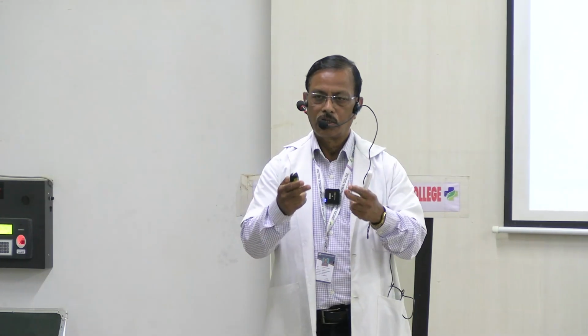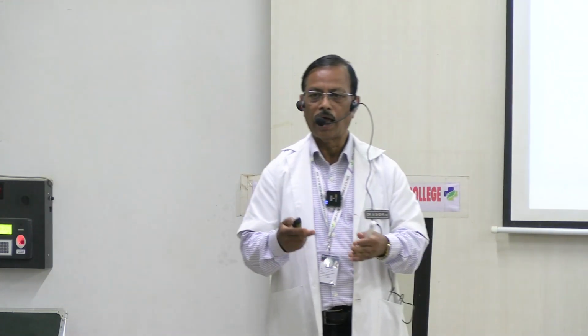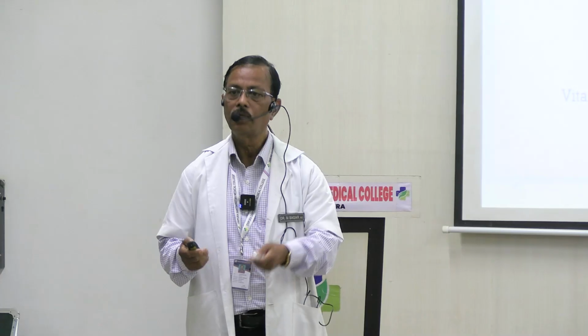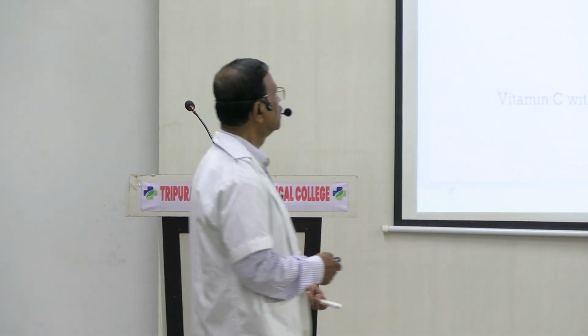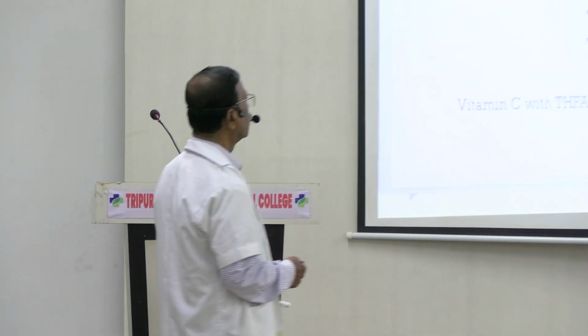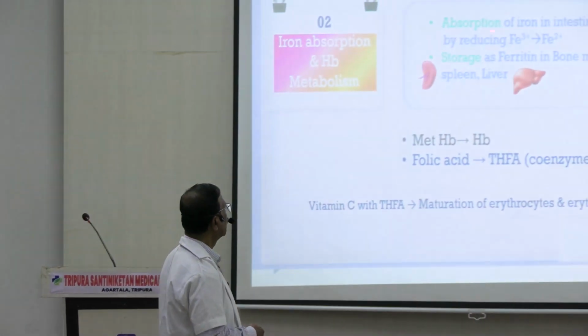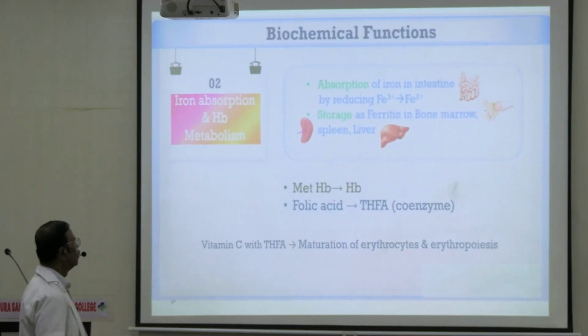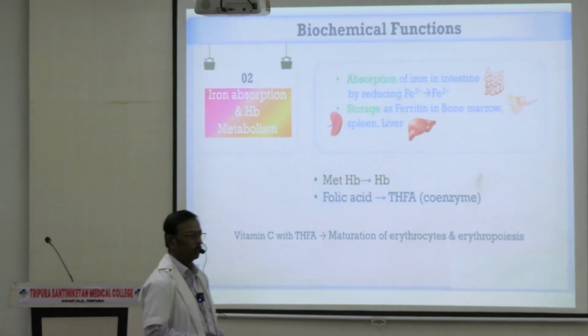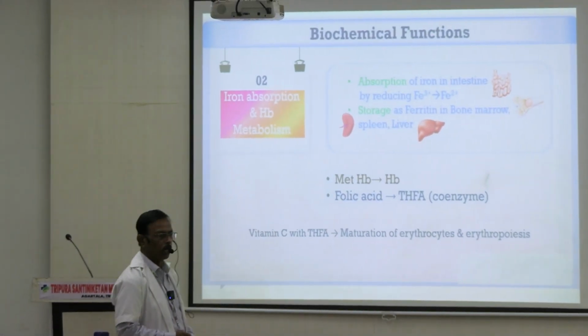Whenever iron is required for the body, ferritin provides iron as ferrous form, and here again vitamin C is required. So vitamin C is very important for absorption of the iron and for making the iron ferric to ferrous during the biochemical reaction.